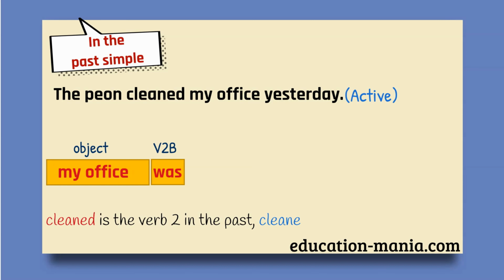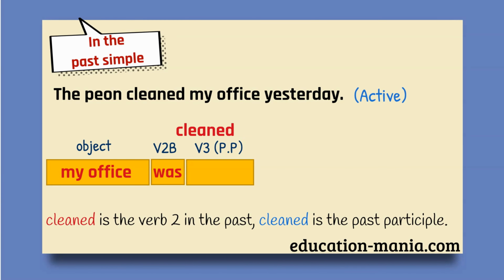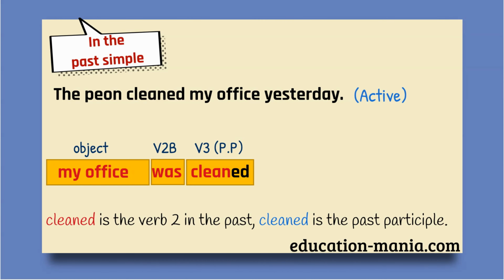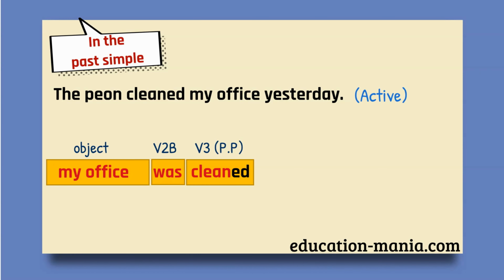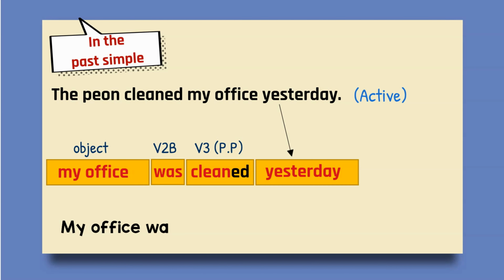Cleaned is the verb in the past, cleaned is the past participle. Then add the complement of the sentence. My office was cleaned yesterday by the peon.